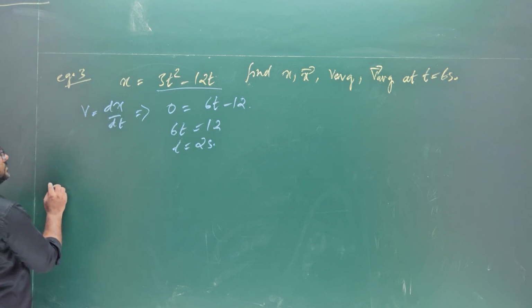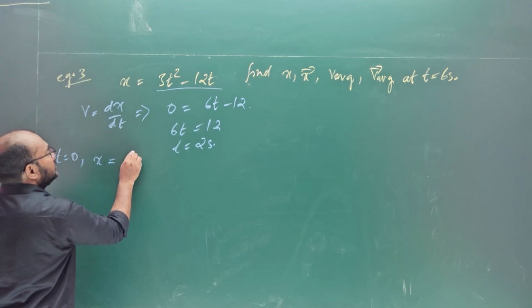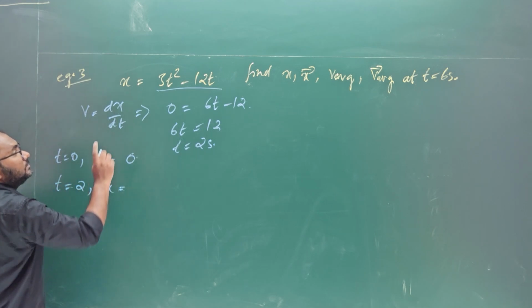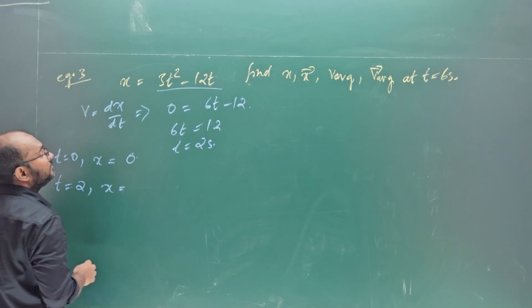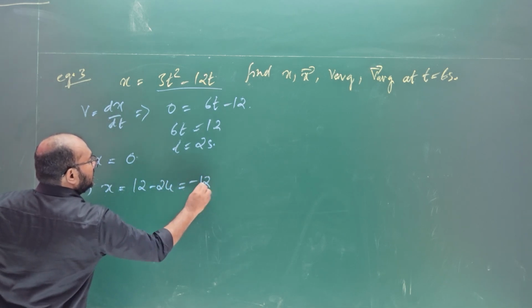Now, we need to substitute. At t is equals to 0, x is equals to 0. At t is equals to 2 seconds, x will be 3 into 2 square, 12, minus 12 into 2, 24, so 12 minus 24, that is minus 12 meters.